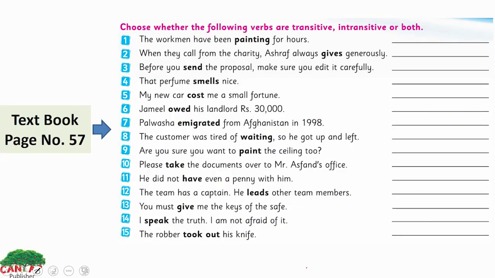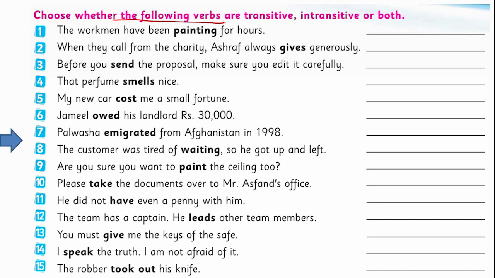On page number 57, choose whether the following verbs are transitive or intransitive or both. The working men have been painting for hours. We don't have an object here, so it is what? Yes, intransitive here. When they call from the charity, Ashraf always gives generously.